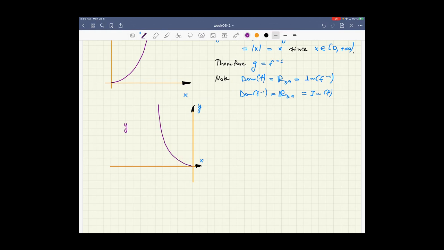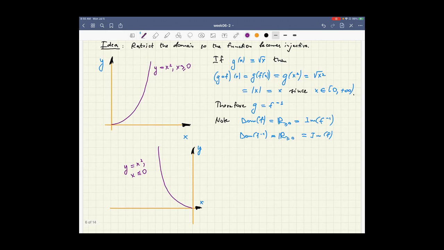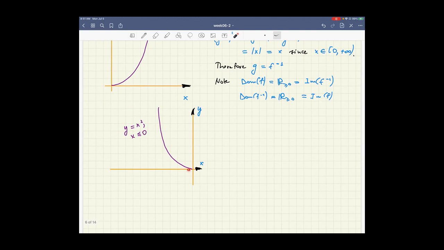That is the graph of x squared in the case when x is non-positive. I claim that in this case, our function is bijective when viewed as a function from the set of non-positive real numbers to the set of non-negative real numbers.